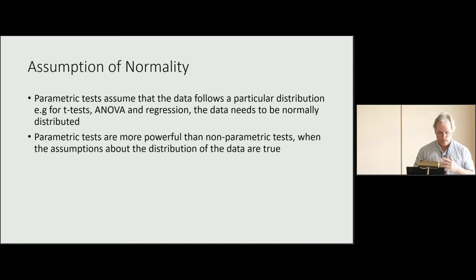So these parametric tests assume that the data follows a particular distribution, and the t-test, the ANOVA, your linear regression analyses, they all assume the data is normally distributed. Okay? This is the assumption.